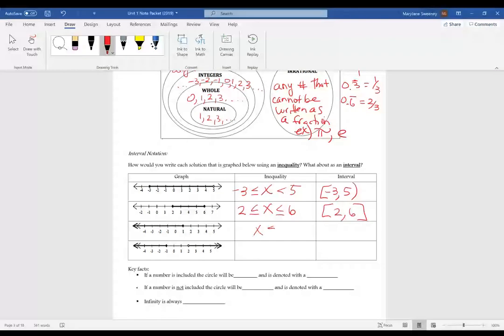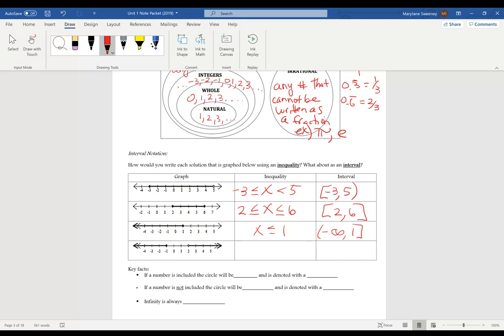Here, x is less than or equal to 1, which is -infinity to 1, hard bracket on the 1. It is important that you write it in that order, -infinity to 1, not 1 to -infinity. Interval notation always has to go left to right, smallest to largest. So you have to be going left to right along the number line.